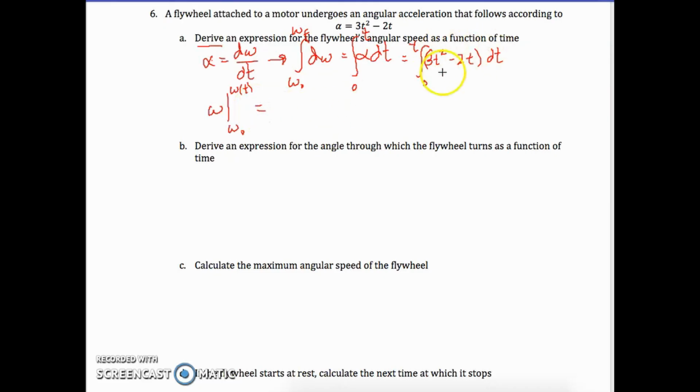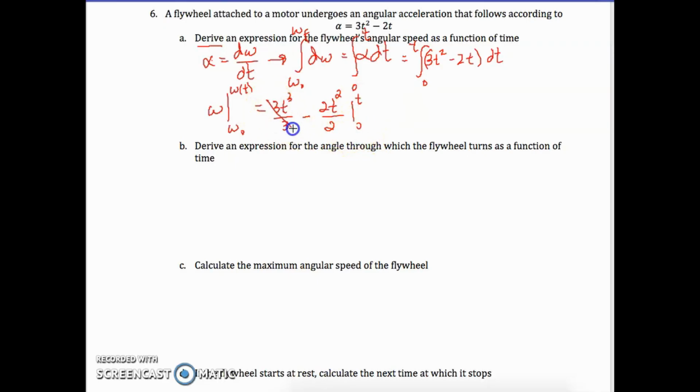And then the other side, we will find the antiderivative of this expression, where we increase the exponent by 1 and then divide by the new exponent. So we have 3t, and now this is cubed, and we divide by the new exponent. And then the 2 goes along for the ride, and then we increase the exponent and divide by the new exponent. And then we evaluate it at our limits between 0 and t.